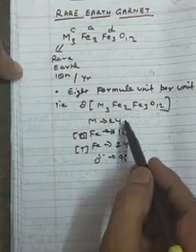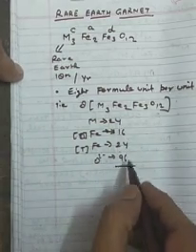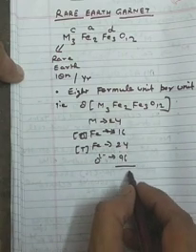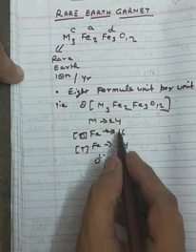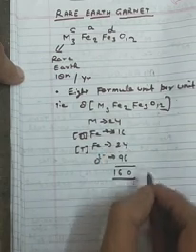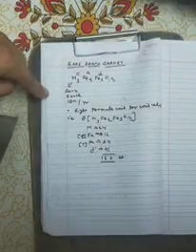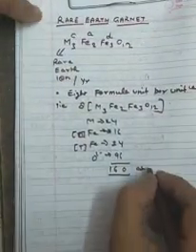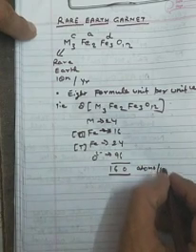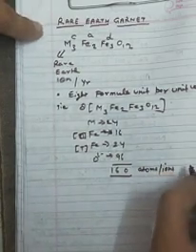So if we add this, you will get 24 plus 16 plus 24 plus 96, which is 160. So there are 160 ions per unit cell.